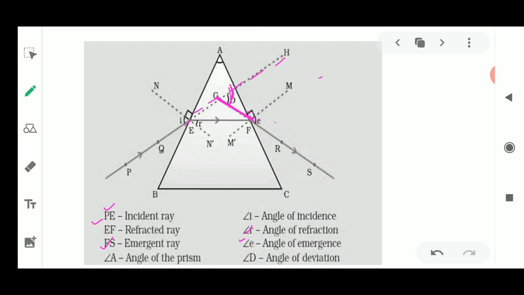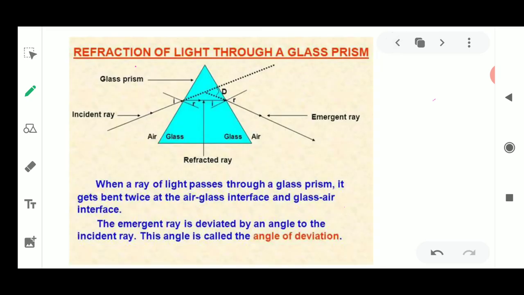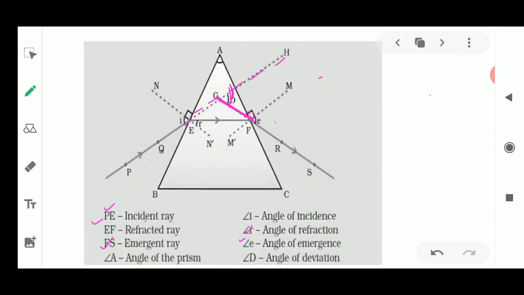It is the angle by which the ray is deviated from the incident ray. So this is the difference between the incident ray and the emergent ray, and this gives you the angle of deviation, or simply D.